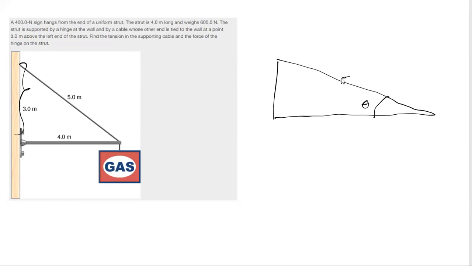You have a tension due to the string itself. But of course, if you have a diagonal force, we can always decompose it into its x and y components. So you have T sine theta and T cosine theta. You have the weight of your sign, which is at the end of the strut, W sign. Then you also have the weight of the strut.